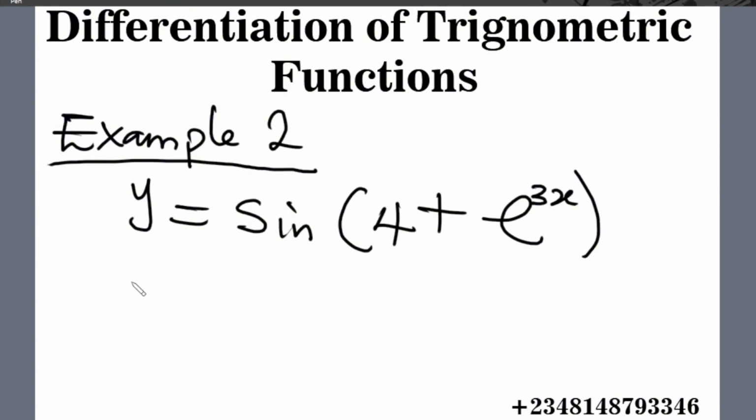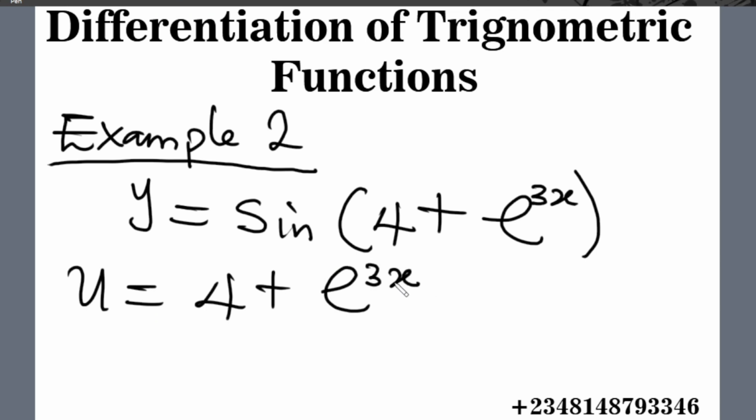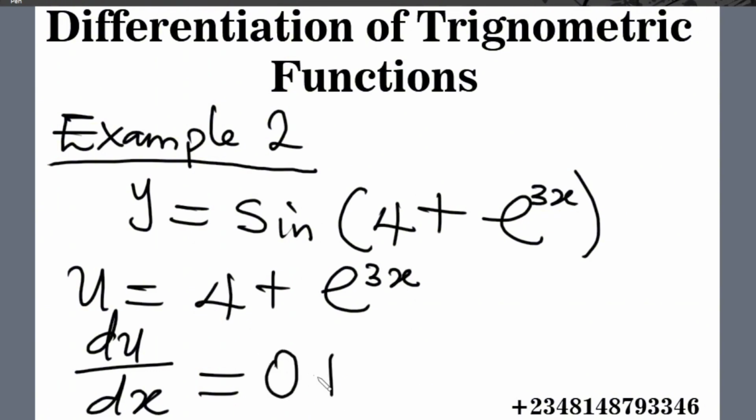Now, u equals 4 plus exponential 3x. Therefore, du over dx equals, if you differentiate 4 with respect to x, it gives you 0 plus, if you differentiate exponential 3x with respect to x, it gives you 3 exponential 3x.